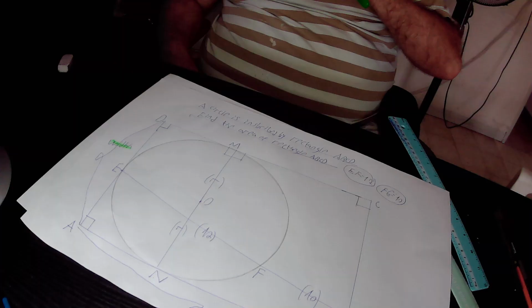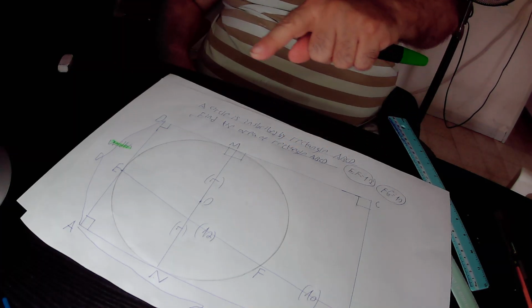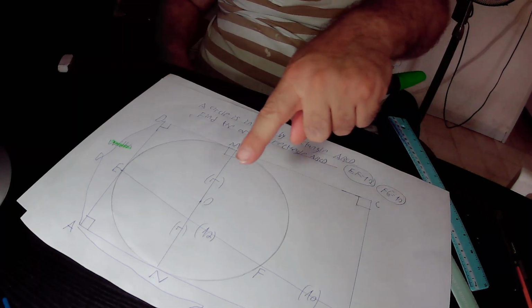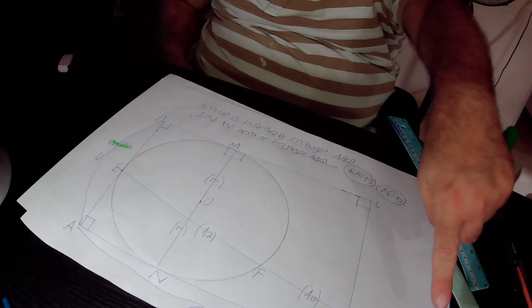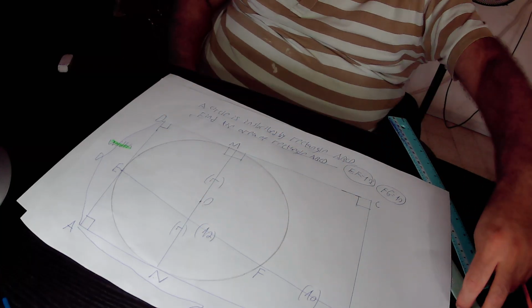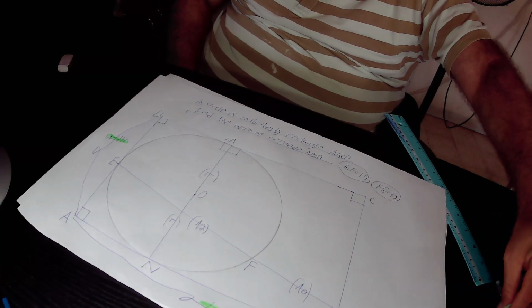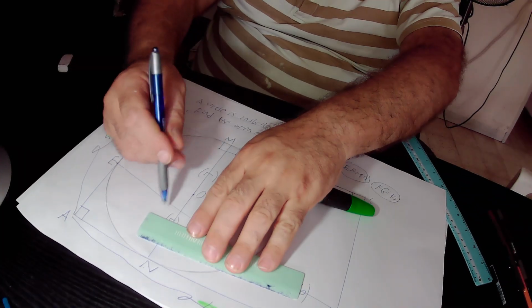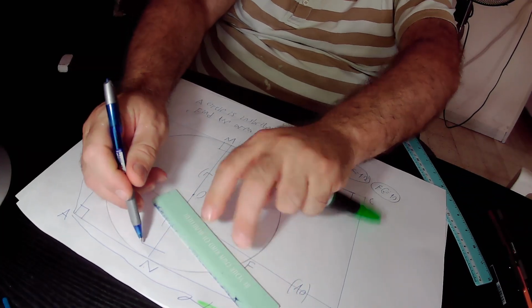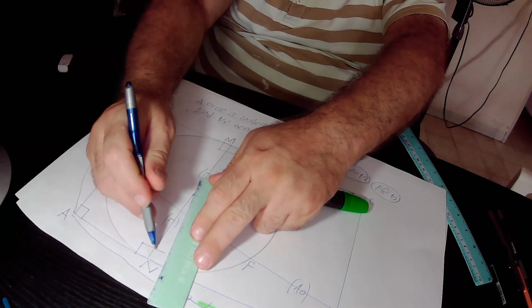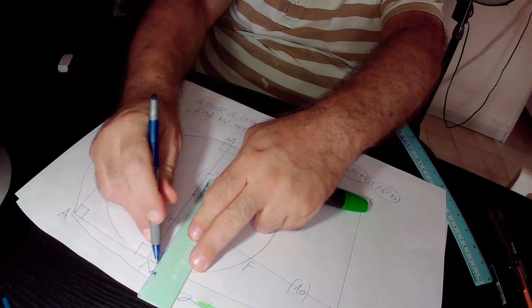And whenever your radius is drawn to the point of tangency, then tangent AB will be perpendicular to the radius NO. If AB is perpendicular to NO, it means that this angle equals 90 degrees, and this angle also equals 90 degrees according to the same rule, rule 1.